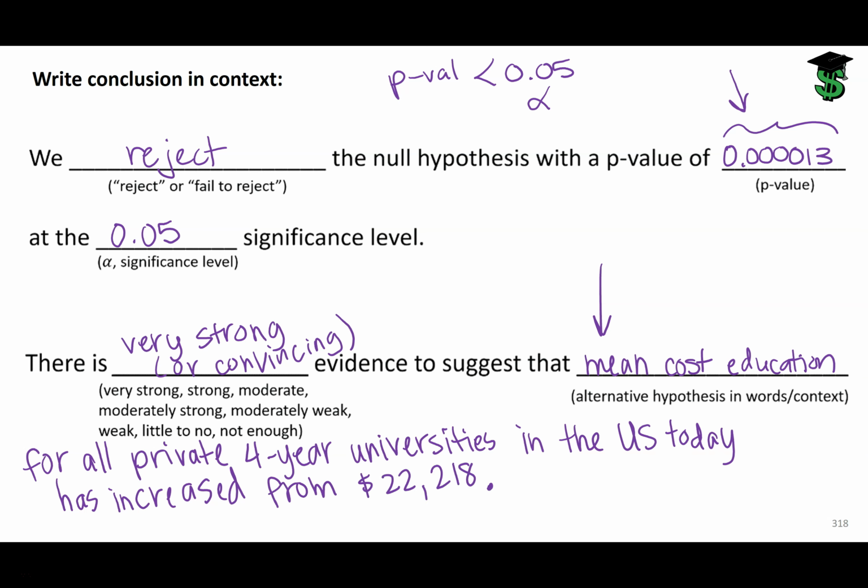So we have very strong evidence that the average cost of private education in the U.S. has increased since 2007, which is not a surprise.